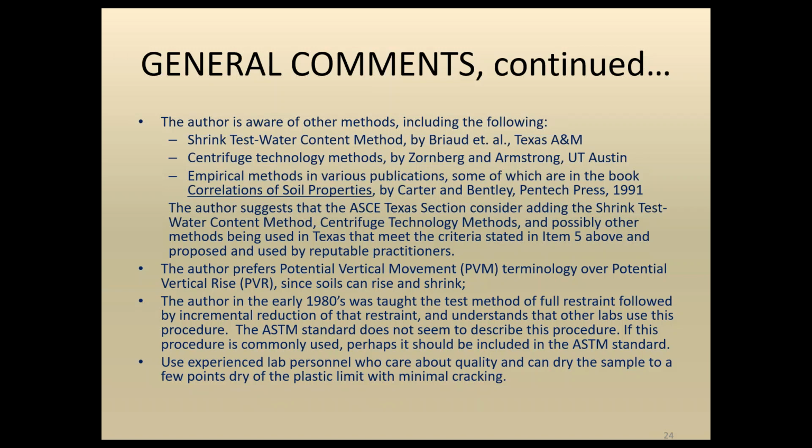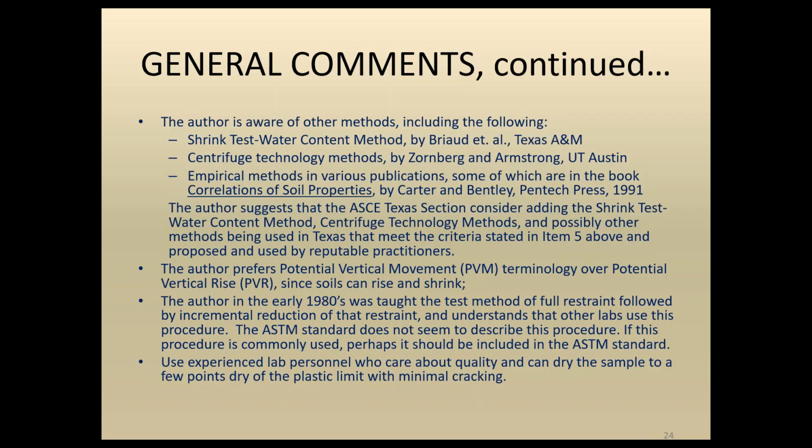And a comment here, I'd like to suggest that the ASCE Texas section consider adding the shrink test water content method and maybe centrifuge technology methods and maybe other methods being used in Texas that meet the criteria stated in the previous item, in item 5 of what the ASCE guidelines were listing.